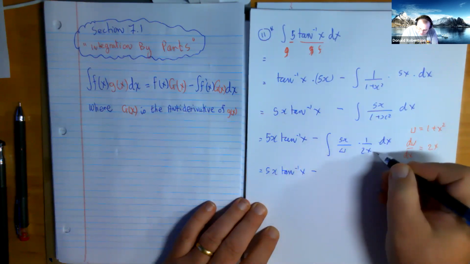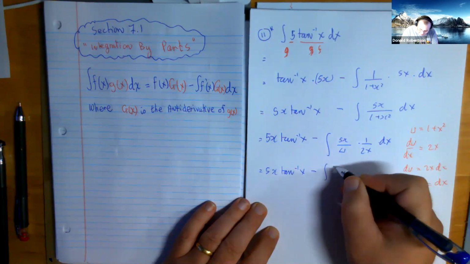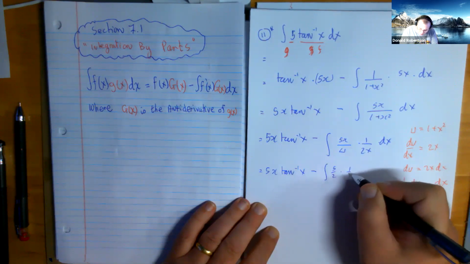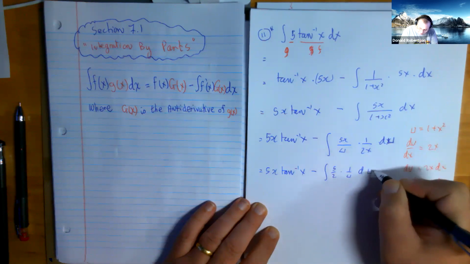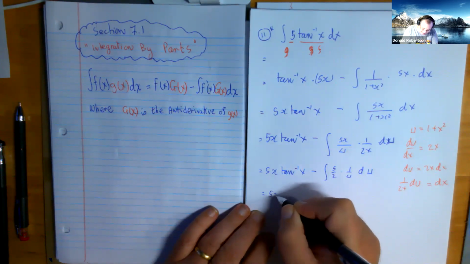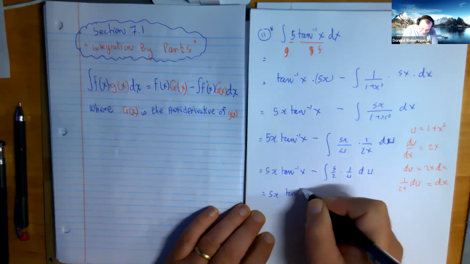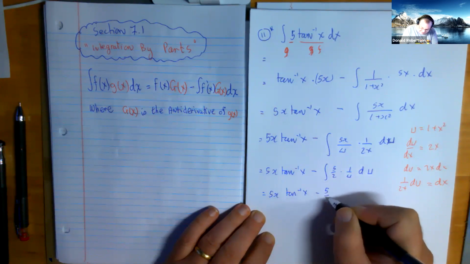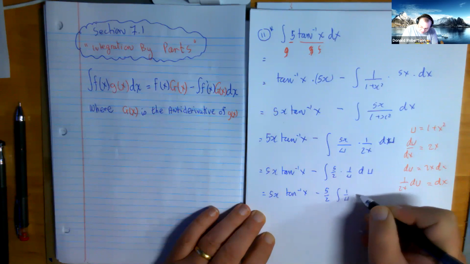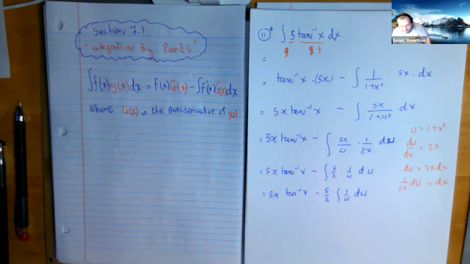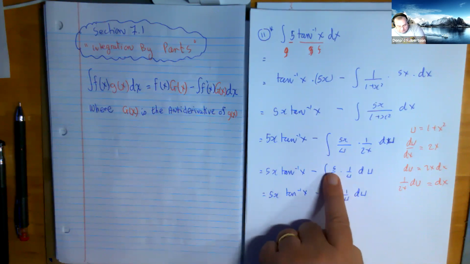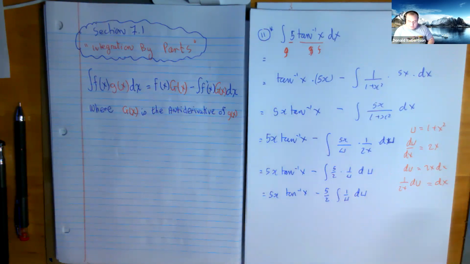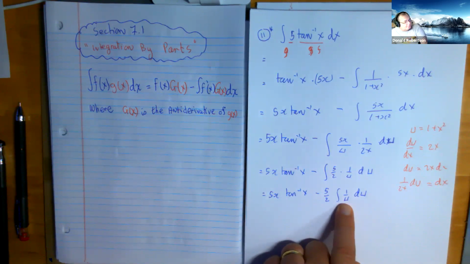The x's cancel, and essentially I have 5 halves, 1 over u, du. Me personally, I find it easier, at least sometimes, to pull out this weird constant, otherwise it gets in the way of this. Right. Now, can you see that this is doable, right?